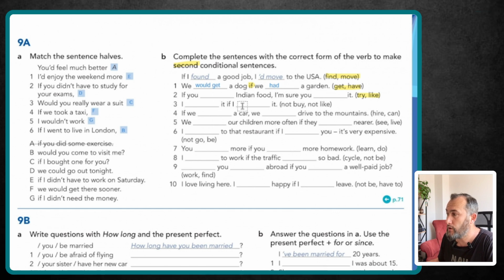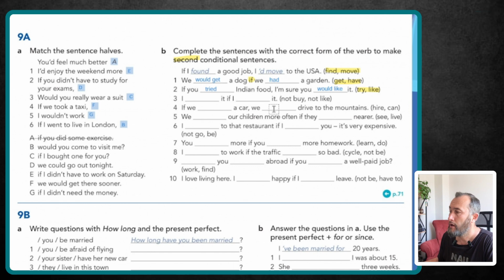Number 2. If you Indian food, I'm sure you. So in the if part, we're going to use past simple. So try, past simple is tried. So if you tried Indian food, I'm sure you would like it. Right, number 3. Not buy, not like. So the if part is in the second part.